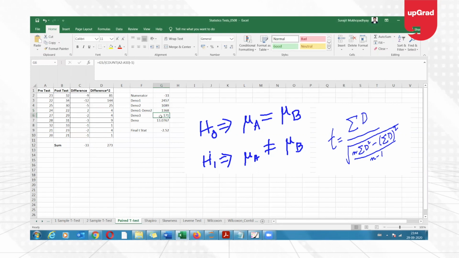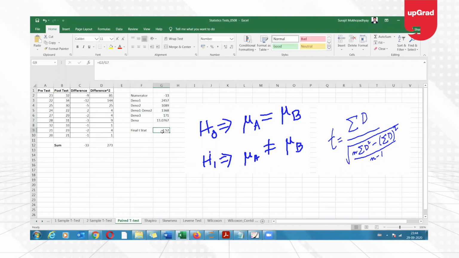Now denominator 3 is this entire expression, the numerator versus the denominator. The numerator in this case is this value, and this part is my denominator. And then finally I take the square root.